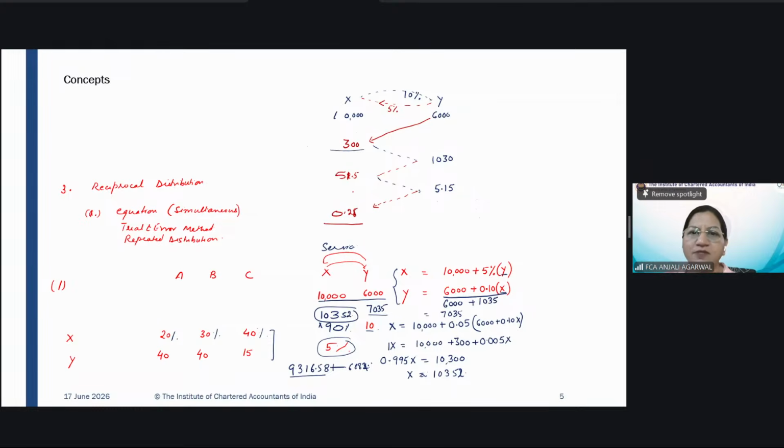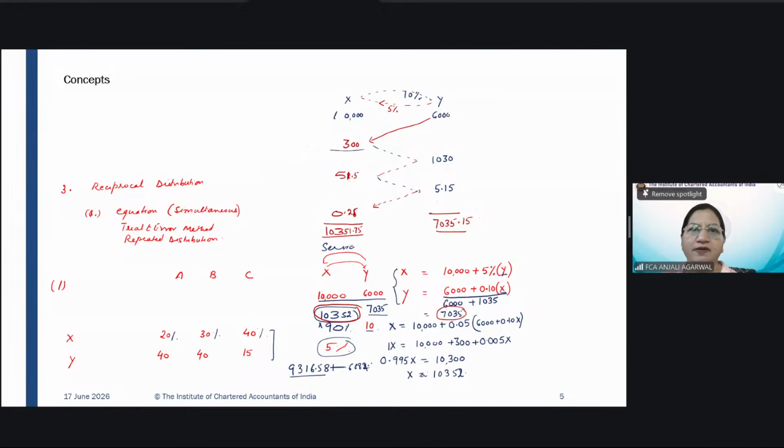Take the total, it comes out to be 10,351.75, which you can again round off to 10,352. Same figure, right? Here, 6,000 plus 1,030 plus 5.15, 7,035.15, right?